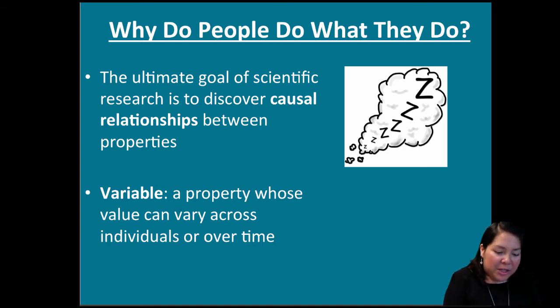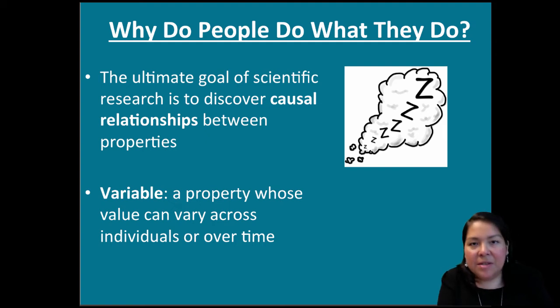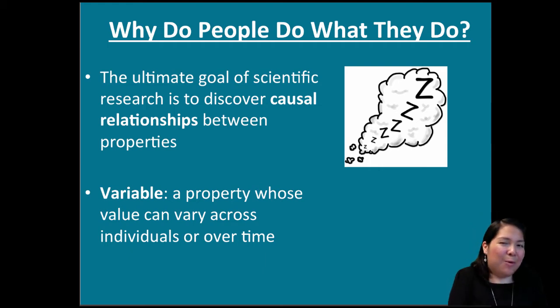We could change the first variable, variable A, the amount of sleep you get, and put them into different groups. Maybe group 1 could get 8 hours of sleep versus group 2 that would only get 3 hours of sleep, and then we could see how well they performed on a test. So again, we're looking at causal relationships and the different variables that are included in each study.